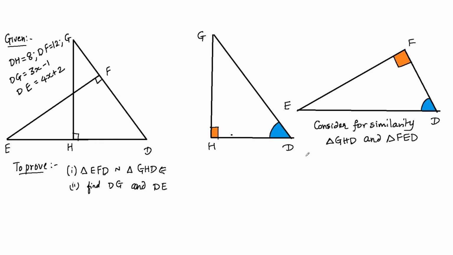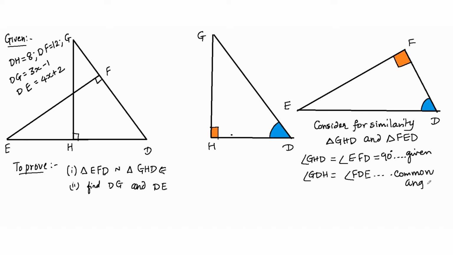And now let us mark the parts which are equal. So angle GHD is equal to angle EFD, which is equal to 90 degrees because this is given in the question. And we also have angle GDH equal to angle FDE because the angle D is common in both the triangles, right?